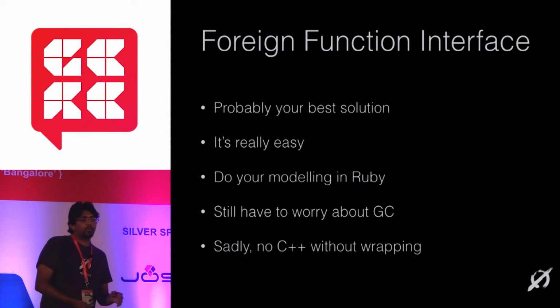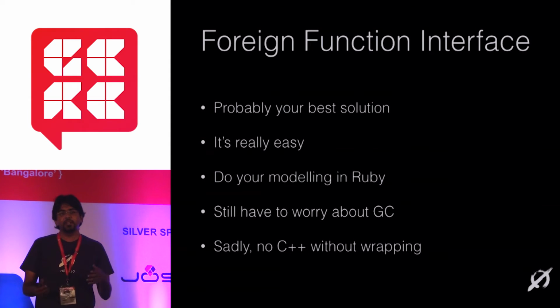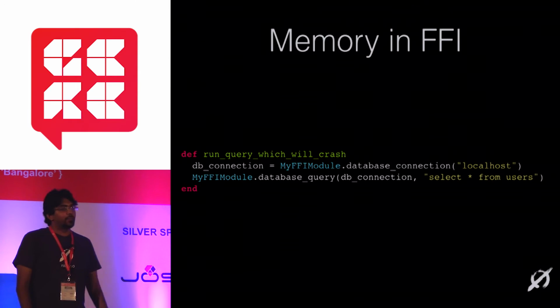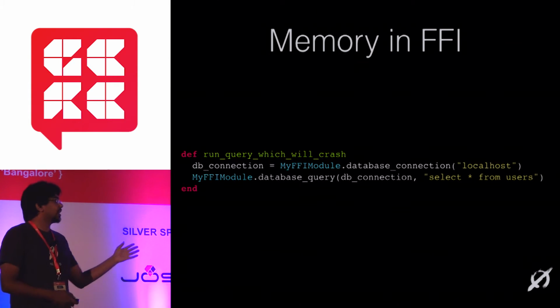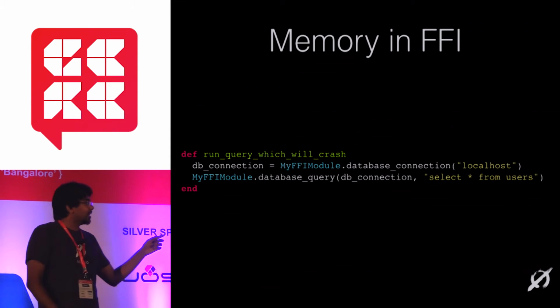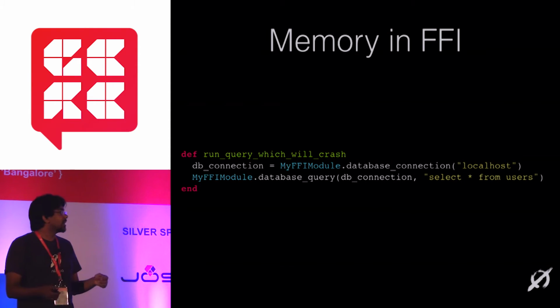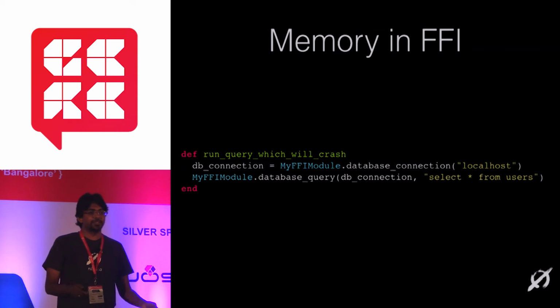So you do still have to worry about garbage collection with FFI, and I'll show you a quick example where it matters. Most people will write code that looks something like this and not worry about it. So I have a def run query which will crash. I'm saying db connection is equal to my FFI module.database connection localhost, and my FFI module.database query. I'm passing it the db connection, and I'm saying select star from users.